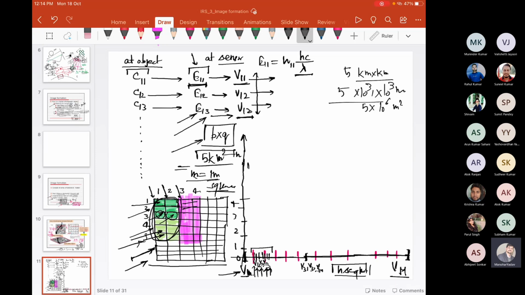On the independent axis we have the voltages, while on the dependent axis, that is the y-axis, we have the range of decimal numbers. In the terminology of images, we call them digital numbers.